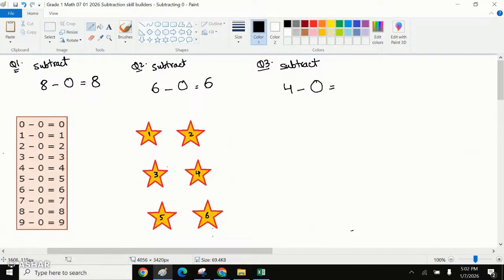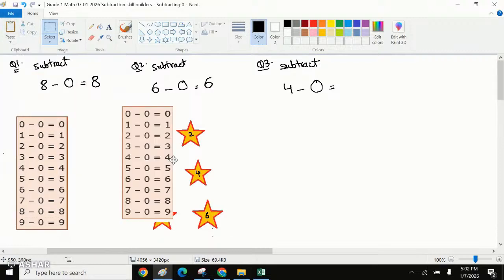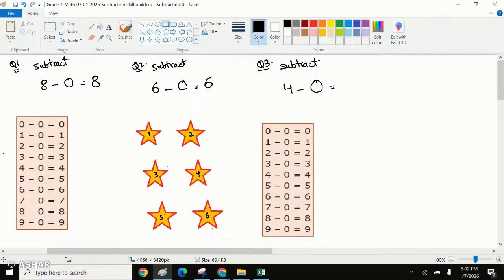That means if you have a quantity of 4 of anything and you do not give away anything out of those 4, how much would be left? Referring to this grid also, when we look at the grid, we can find 4 over here. 4 minus 0, if you open up 4 fingers, minus 0.